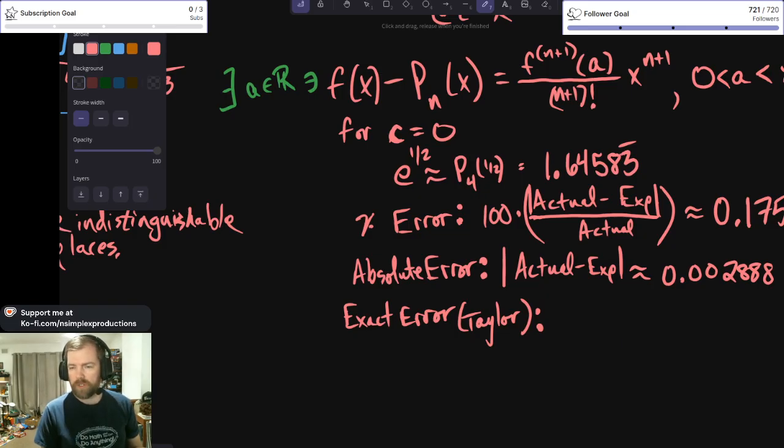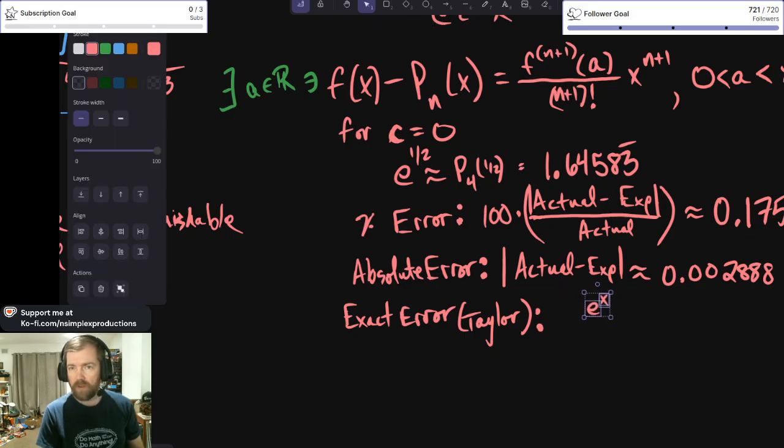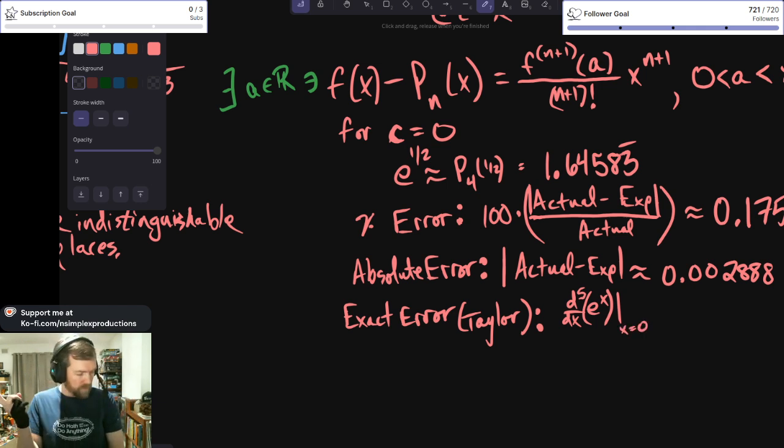So what we're going to do is take e to the x. We already have the 4th degree polynomial, so we're going to take the 5th derivative with respect to x of e to the x and evaluate it at, in this case, x equals 0, same place that we did before. Nope, I'm sorry, that's c.